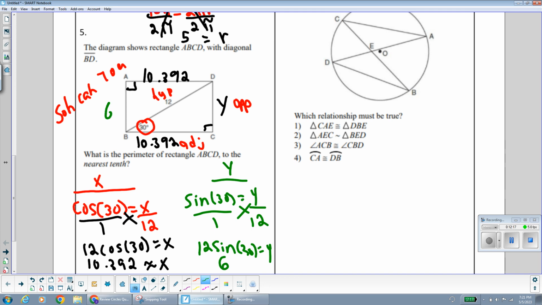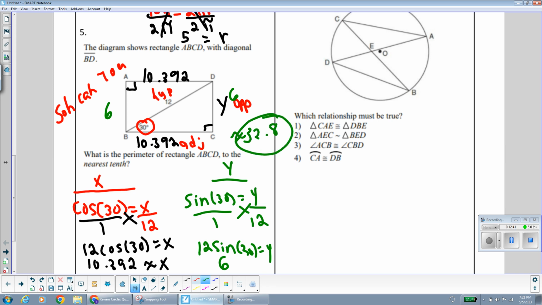So here I have a 6, and here I have a 6. So let me put these into my calculator. That's 10.392 times 2, and 6 and 6 is 12. So let me add 12 to that. So the perimeter, when you add all the sides together to the nearest tenth, should be approximately 32.8.